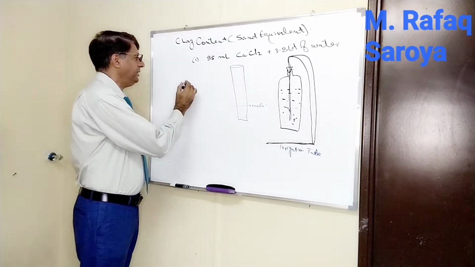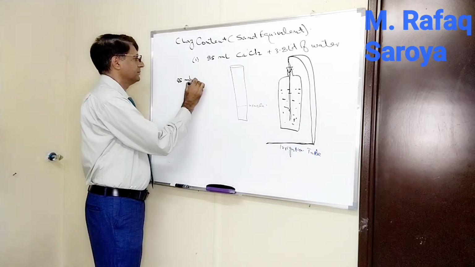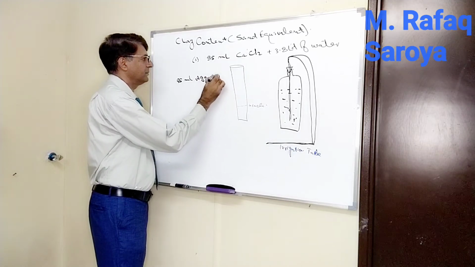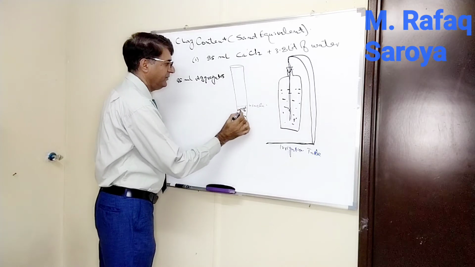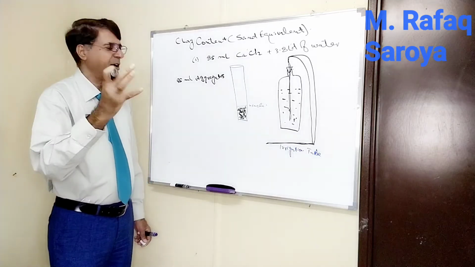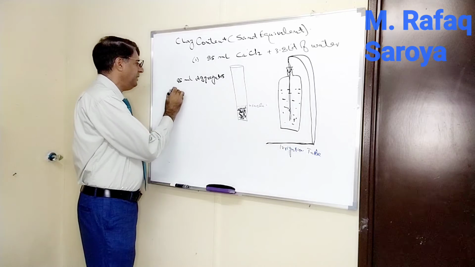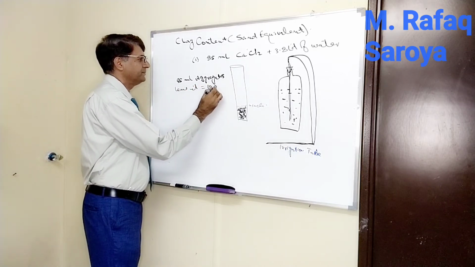We will put in 85 ml of aggregate. This is the aggregate, which is completely immersed in this one. Just twist it a little bit. After that, we leave it for 10 minutes.